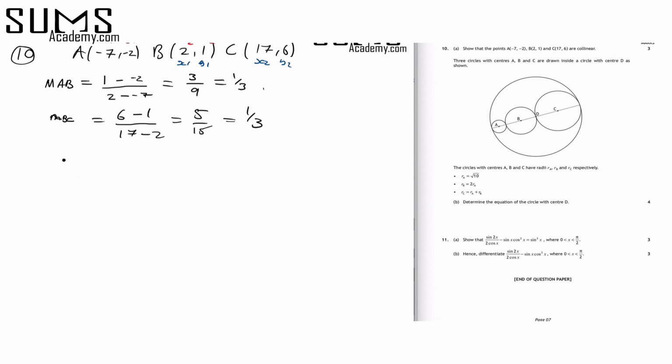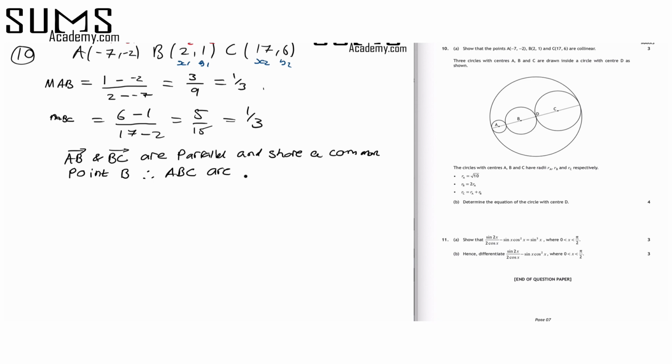So we would say AB and BC are collinear, parallel, and share a common point B. Therefore, A, B, and C are collinear.